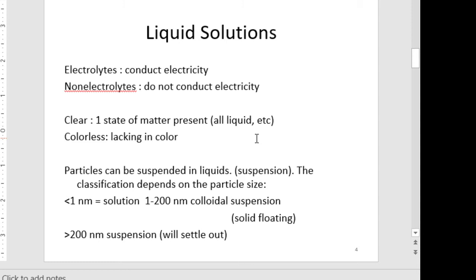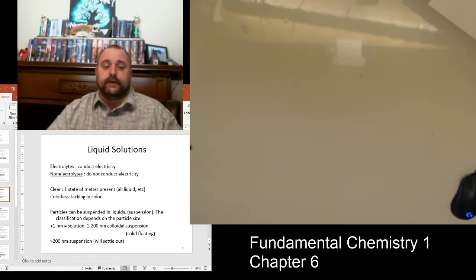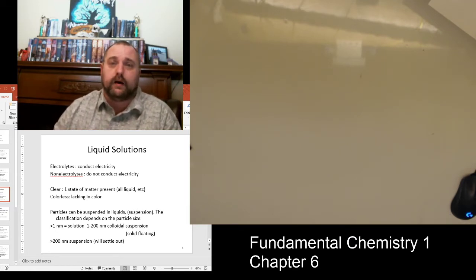A suspension is when you have a bunch of tiny particles that aren't dissolved on the molecular level. Each molecule is not being surrounded by the solvent. Instead you have a clump that's eventually going to be settling out.